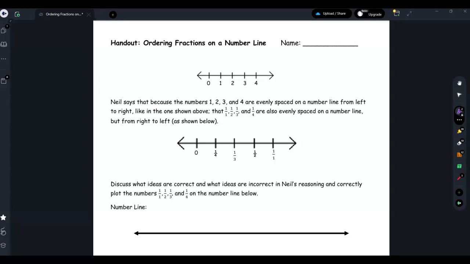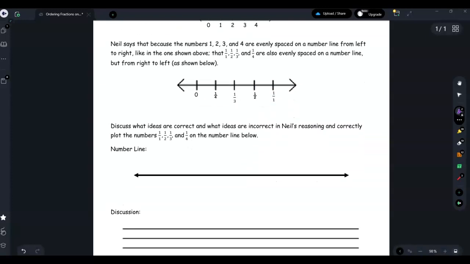You can see that 1/2 is the rightmost of those three, and then 1/3, and then 1/4. So that part is correct. And of course, 1 over 1 is really just the same thing as 1.